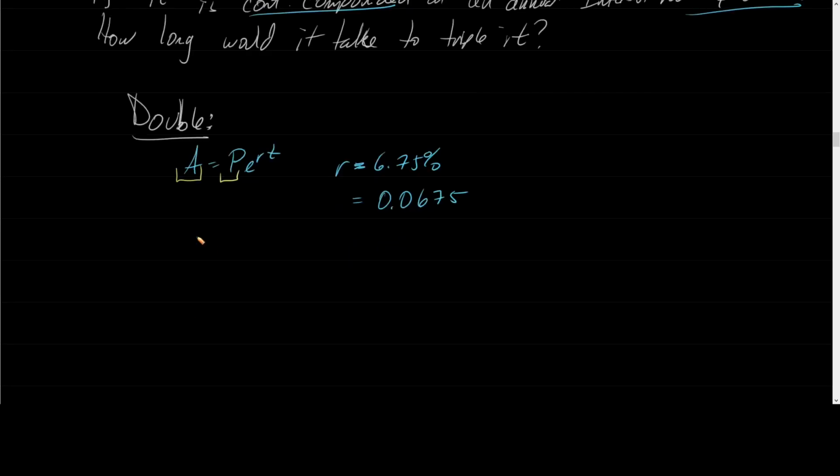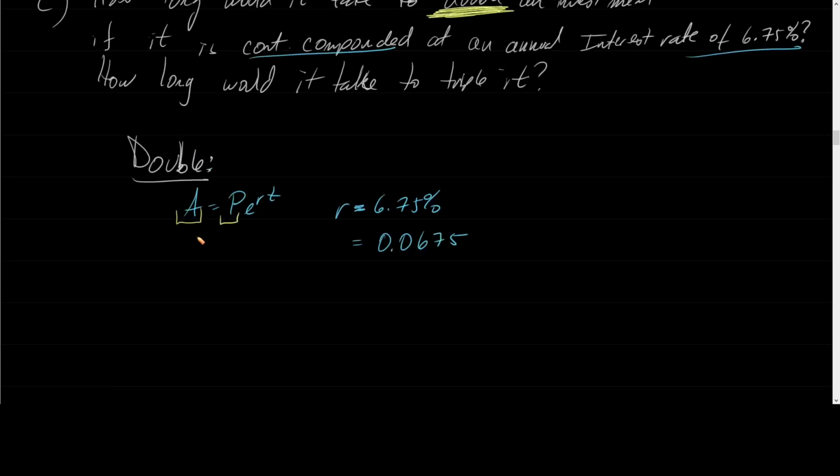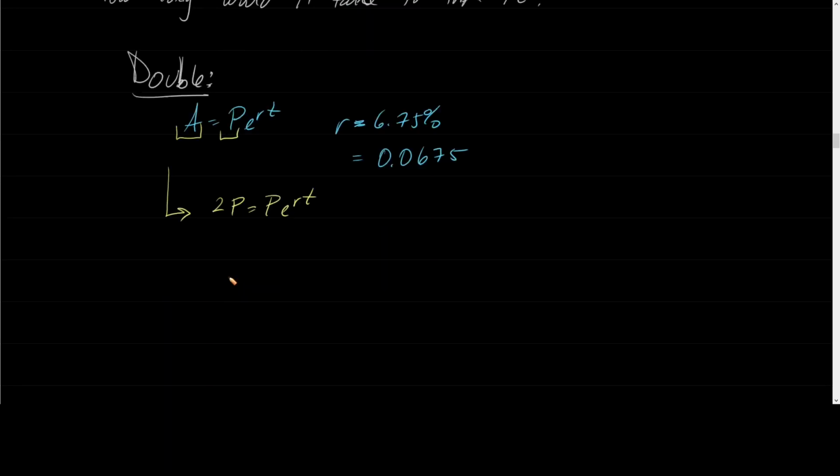So because we want to double it, this formula is going to be 2P is equal to Pe to the rt, because whatever you start with, P, your principal, you want to double it. Your final amount you want to be double what you start with. From there, 2 is equal to e to the rt.